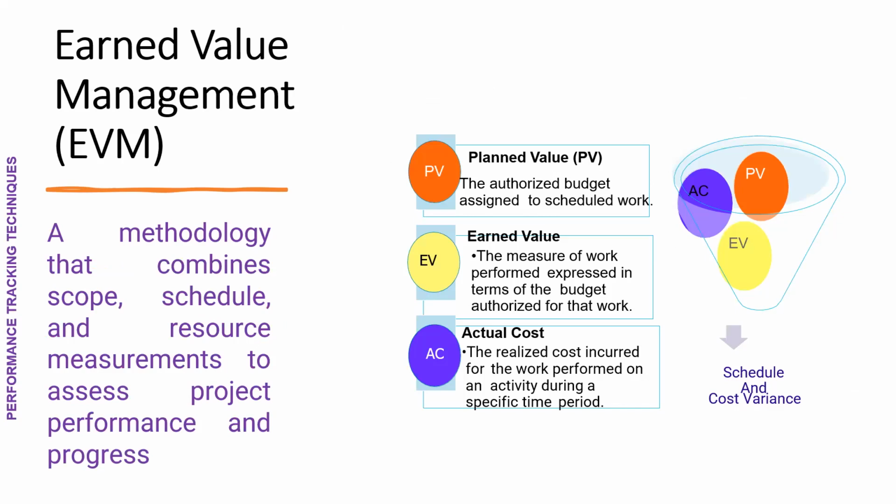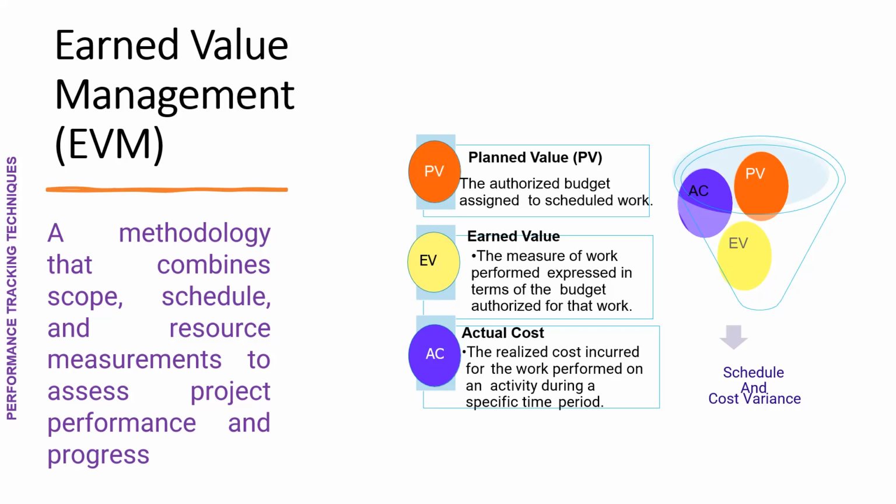Earned value. If you're preparing for your exam, or you want to hear one of those buzzwords you're going to be hearing a lot in the project management circle, then you are in for one of them right now, earned value. Now, this is a performance tracking technique, measuring performance. And I'll give you what the English word says about it. It's a methodology.